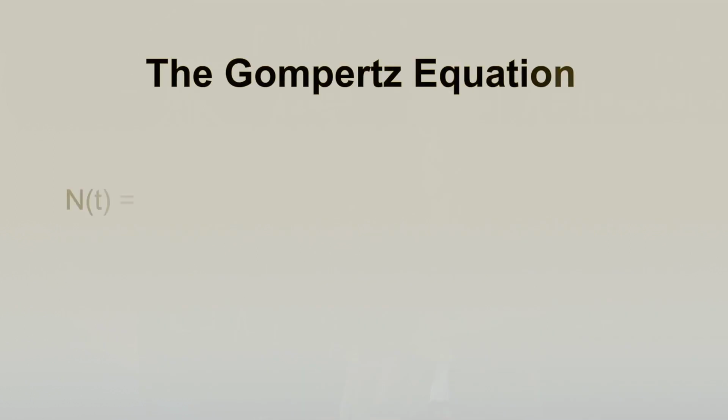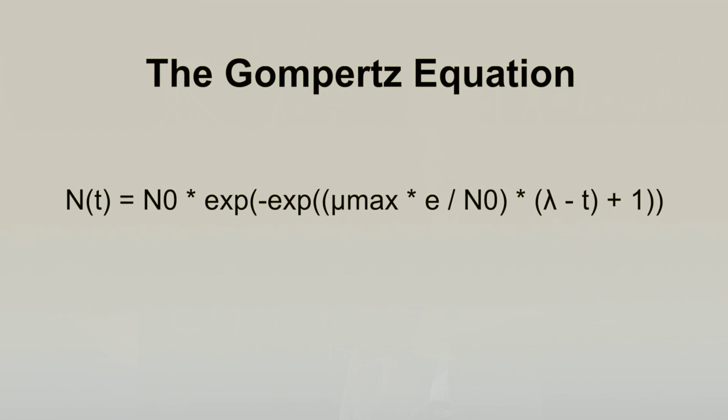The Gompertz equation is typically expressed as N(t) = N0 × exp(−exp(μmax × e / (N0) × (λ − t) + 1)), where N(t) represents the population size at time t, N0 is the initial population size, μmax is the maximum specific growth rate, and e is the base of the natural logarithm, approximately 2.71828.